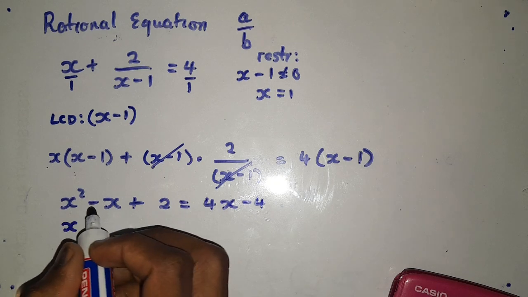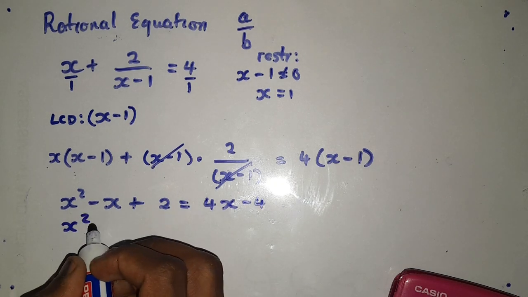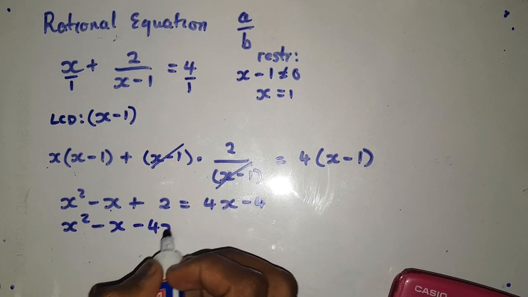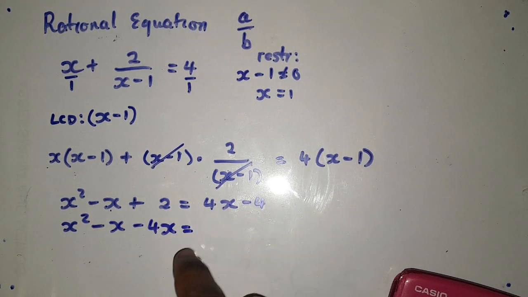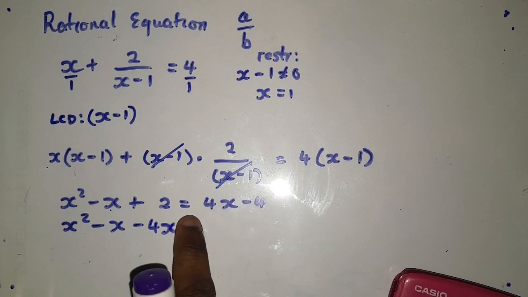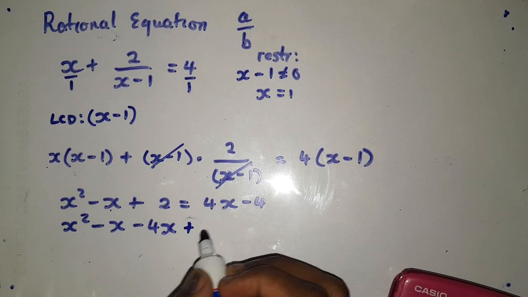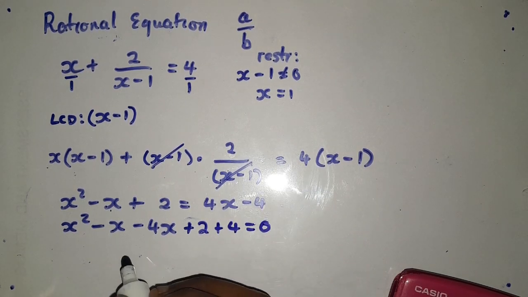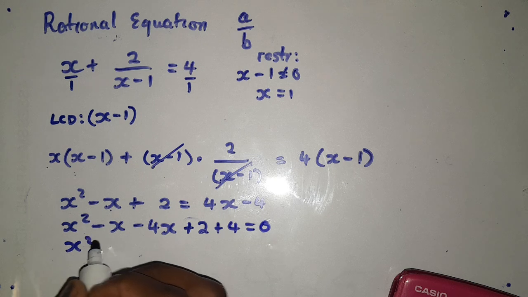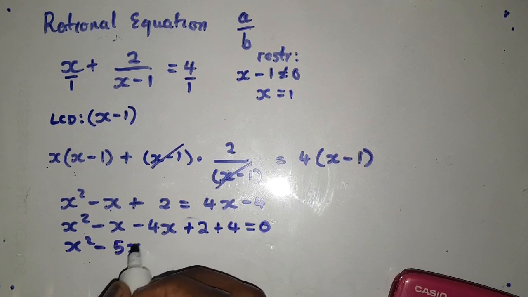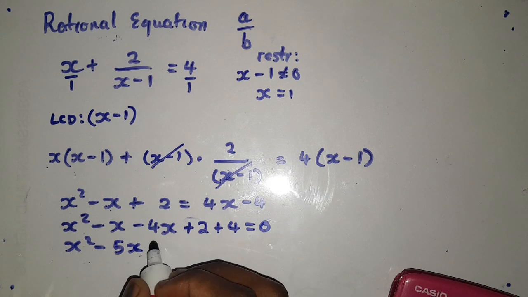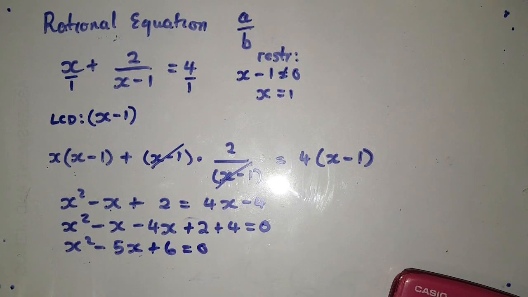We have x squared minus x minus 4x plus 2 plus 4 equals 0. Then we get x squared minus 5x plus 6 equals 0. Now it's much simpler.